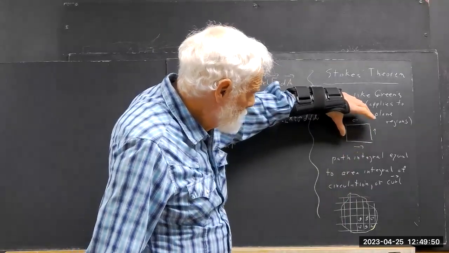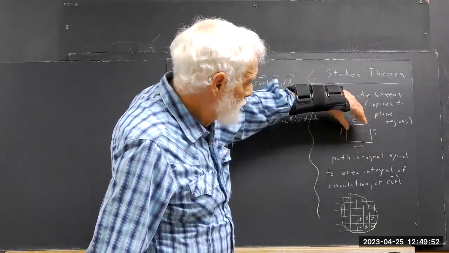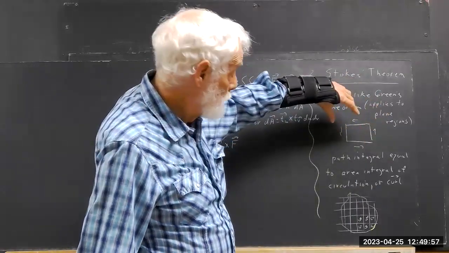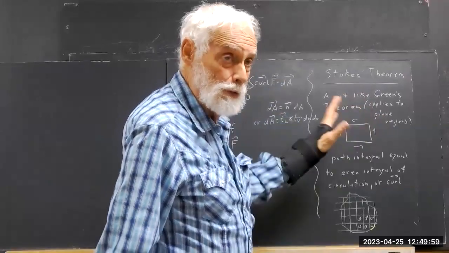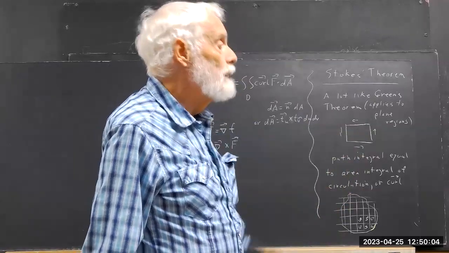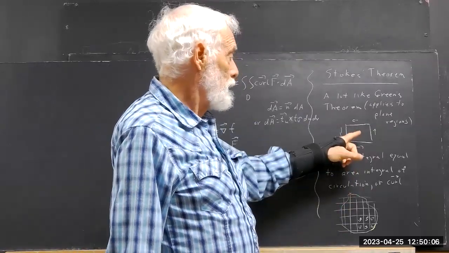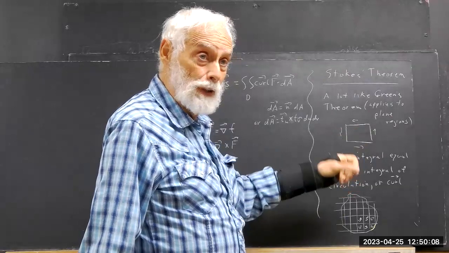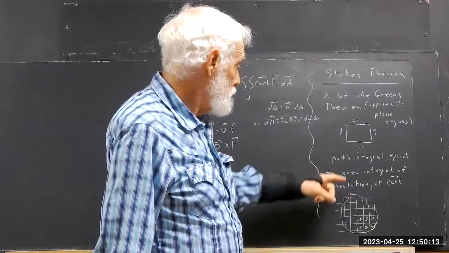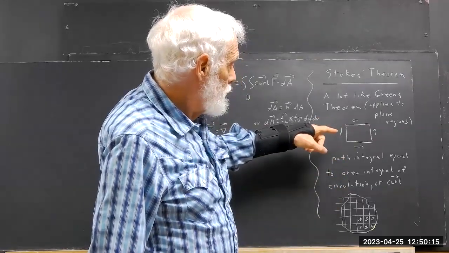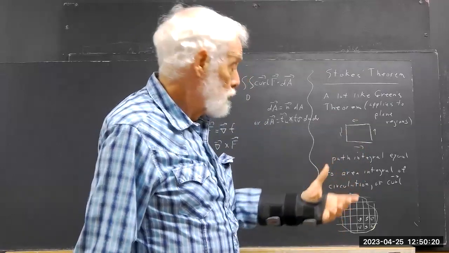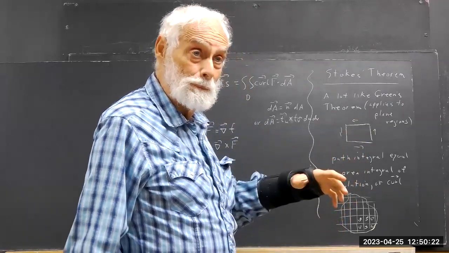You shrink this down to take a limit, where the length and width both approach zero, and you get a limiting value of the circulation per unit area, and that's the curl. So the path integral you get is a measure of the total curl within the region.